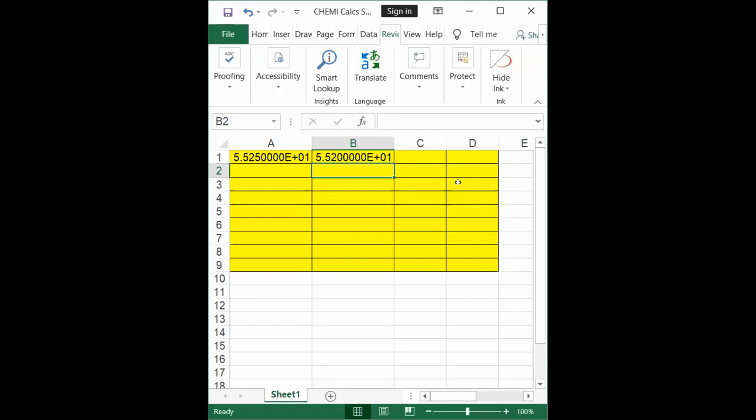And now that would be how many moles of sodium hydroxide I have, which would be 5.52 times 10 to the first moles NaOH. And yes, I did round it off correctly.